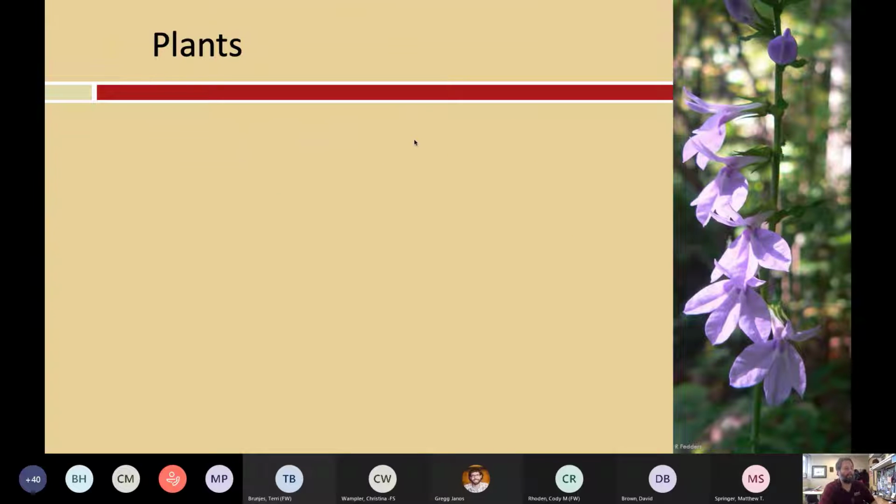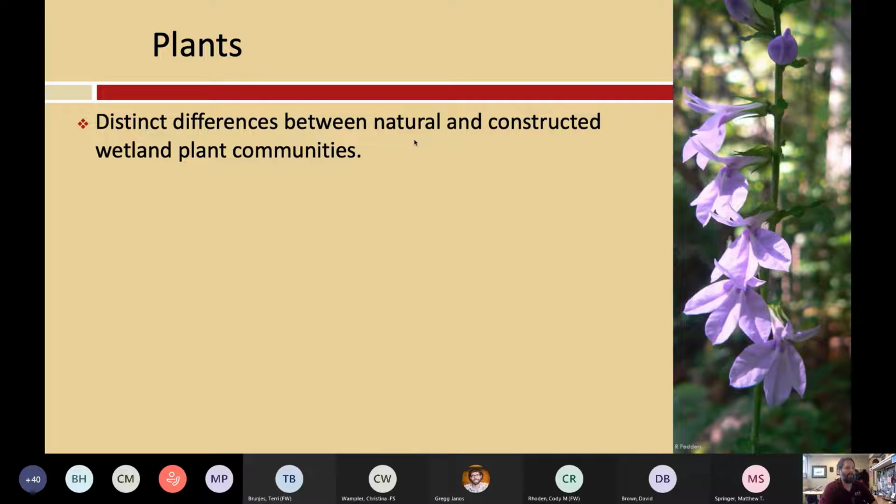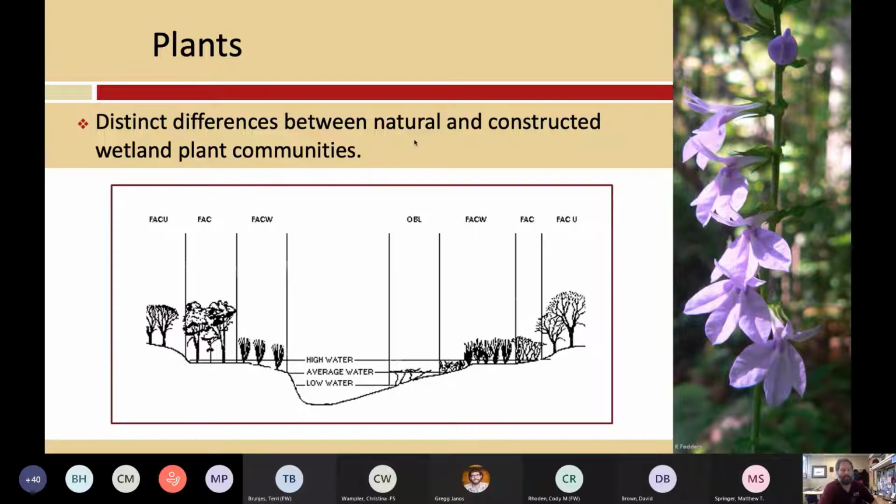So I'm going to summarize plants really quickly, because everyone that's done any work with plants, especially in wetlands, knows that you can predict what plants would be in which wetland type, depending on whether the hydrology is permanent or not. And there were distinct differences, and it all has to do with whether they're obligate wetland, facultative upland, facultative wetland, and so on.